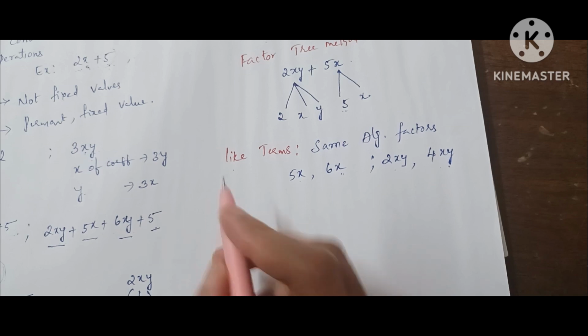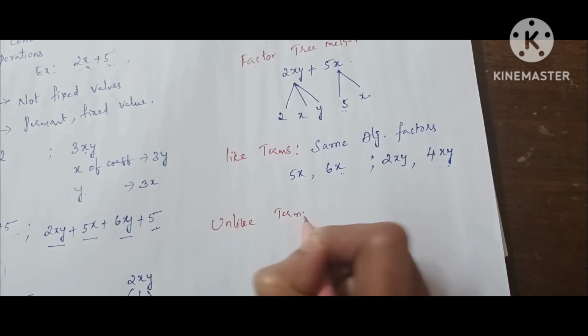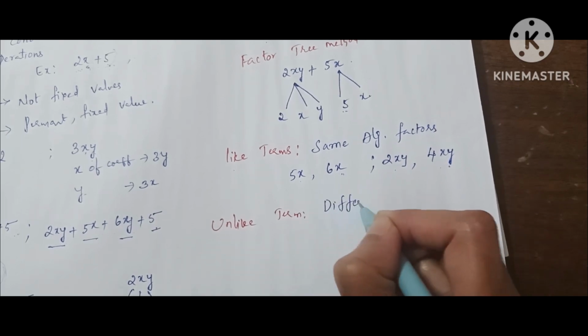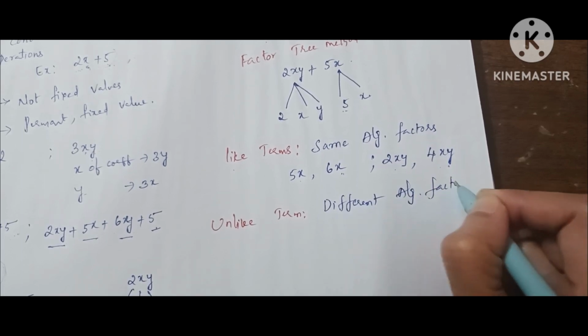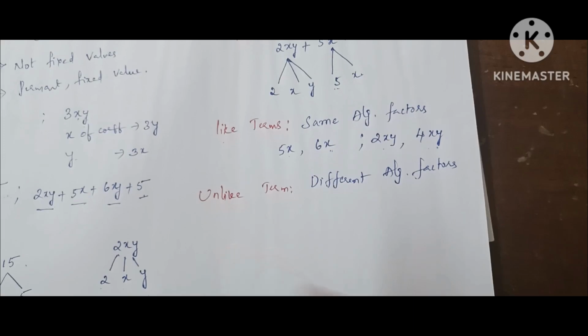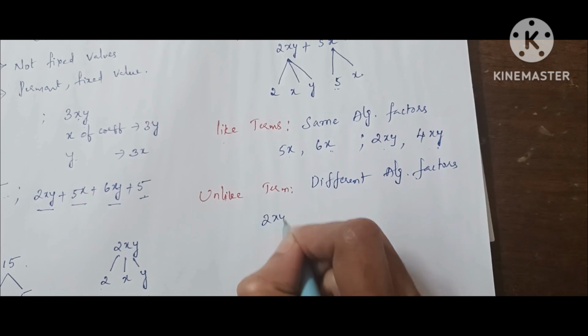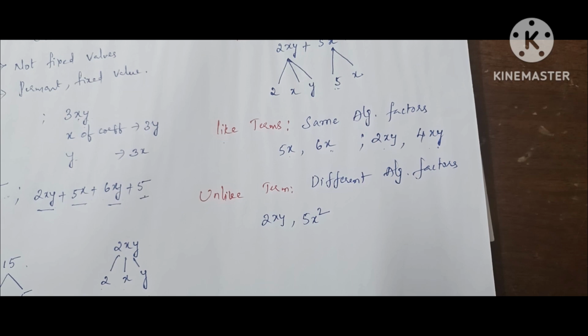Then what is an unlike term? Unlike means different. So terms having different algebraic factors are called unlike terms. For example, if you write 2xy and 5x square, these are unlike terms because here the variables are different.